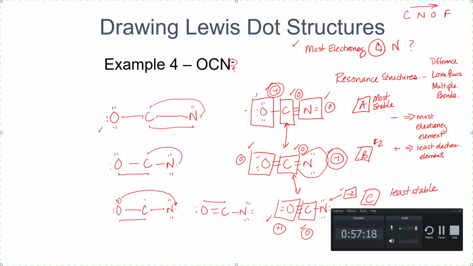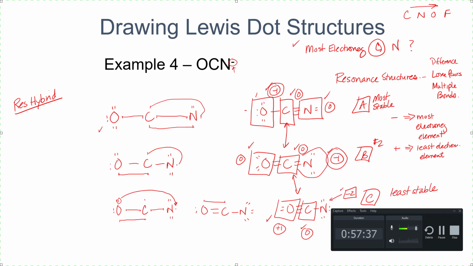And now what we need to do is write the resonance hybrid. So what is the resonance hybrid? Well, the resonance hybrid is going to be the average of these 3 resonance structures.